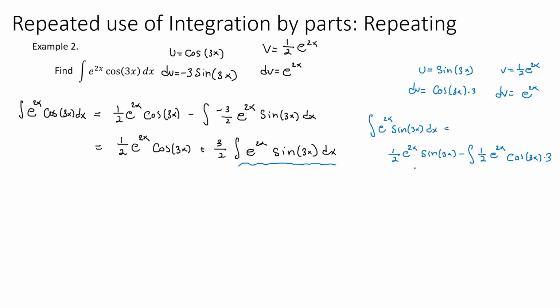So we're going to substitute this in replacement of that integral sign. So we have 1/2 e to the 2x sine of 3x minus, I'm factoring out 3 over 2, so 3 over 2 times integral of e to the 2x times cosine of 3x dx.